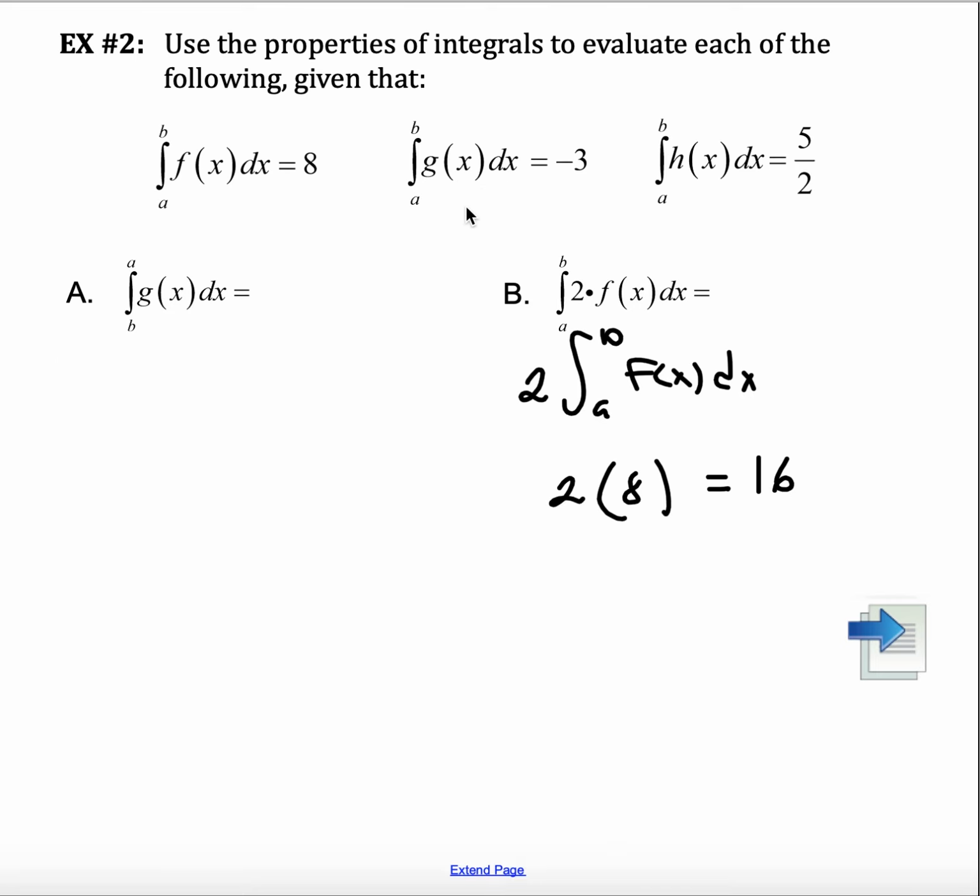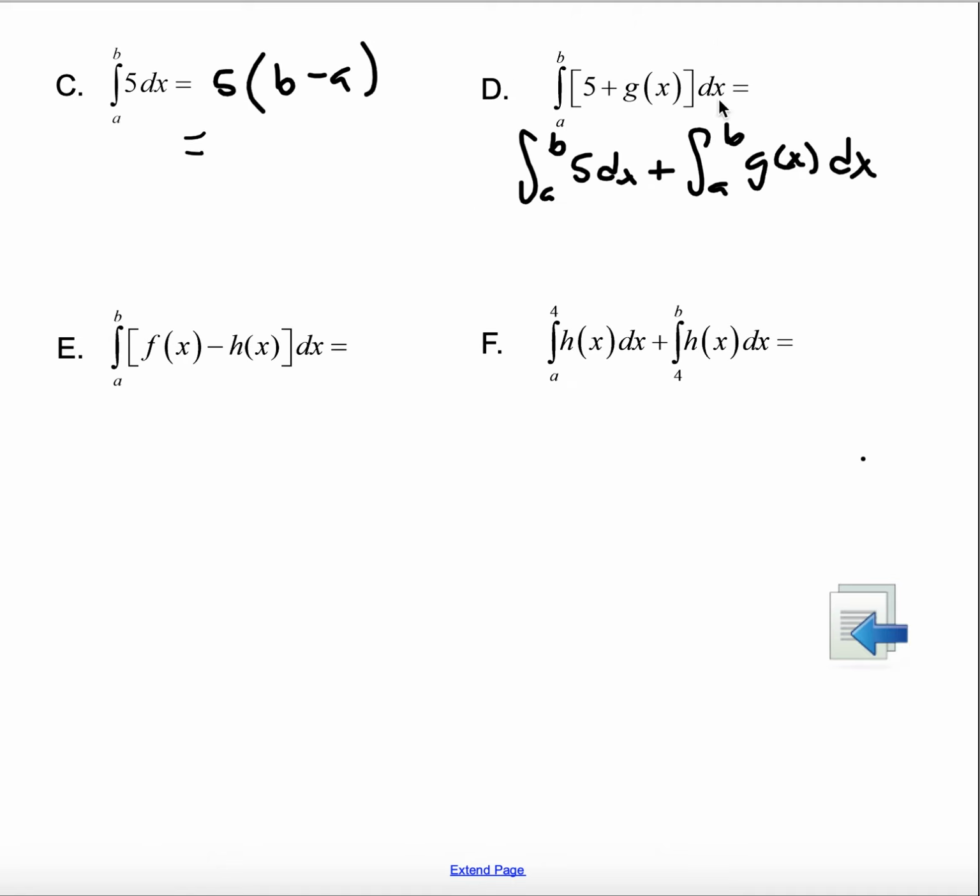And they tell us what the integral from a to b of g of x is: -3. So this just becomes 5 times b minus a plus -3, or minus -3 if you want. Since we don't know what b and a are, we just leave it like that.